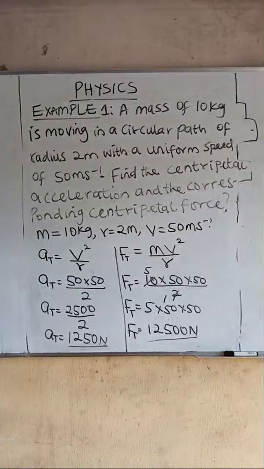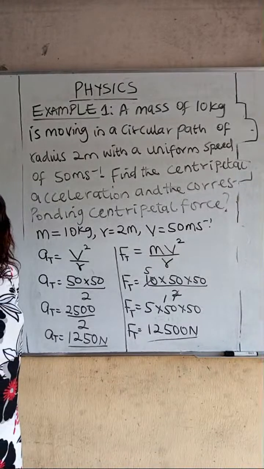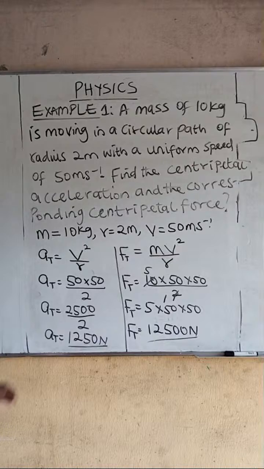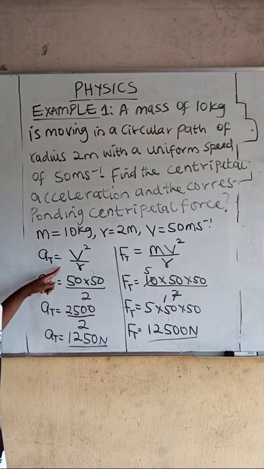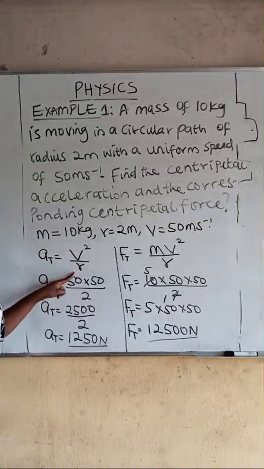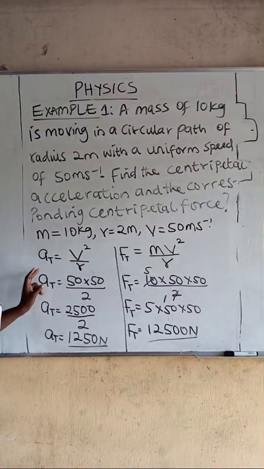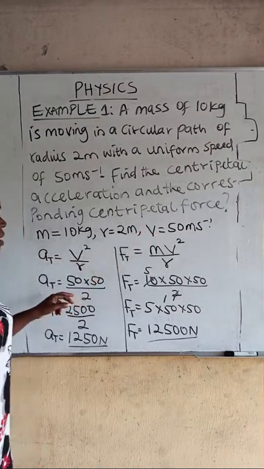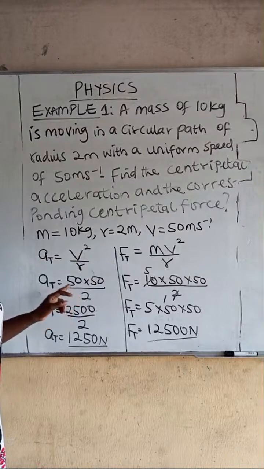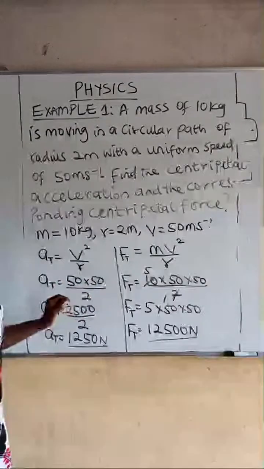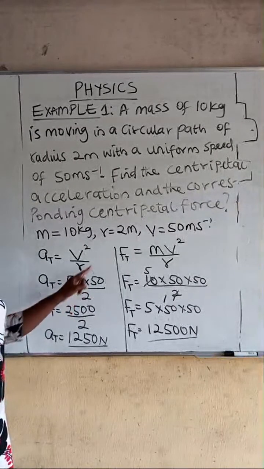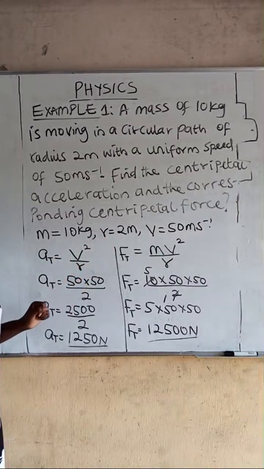Now, what do we do next? We remember the formula for centripetal acceleration, which is a equals v square over r. Now, what is my v? My v is 50. V square is the same thing as saying v times v, divided by 2, because my radius is 2. What do I do next?